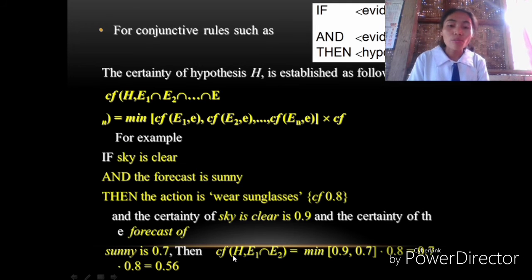Then this is the formula: certainty factor of H given A sub 1 intersection A sub 2 is equal to the minimum of 0.9 and 0.7, times 0.8, which is equal to 0.7 times 0.8, which is equal to 0.56.